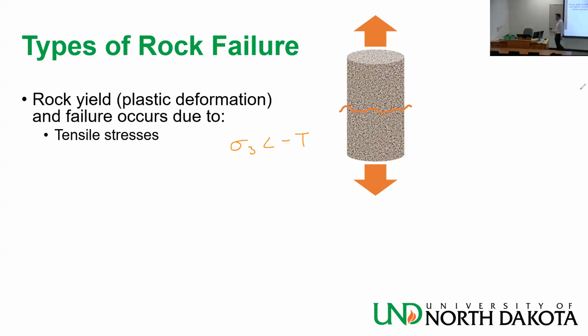So if I have a stress in the rock that becomes more tensile than the tensile strength of the rock, and I'm using negative here because tension is negative in this class, then we have a mode 1 tensile fracture. Pretty simple criterion, and we are going to elaborate on that later in this module.